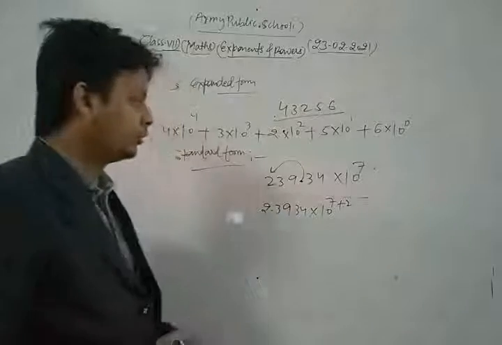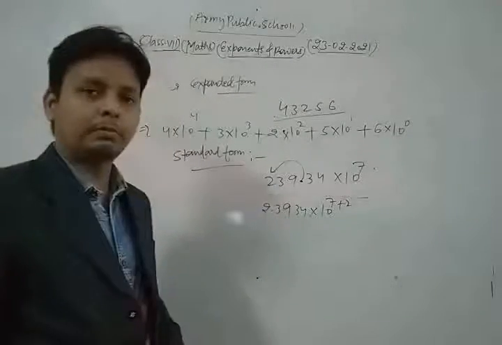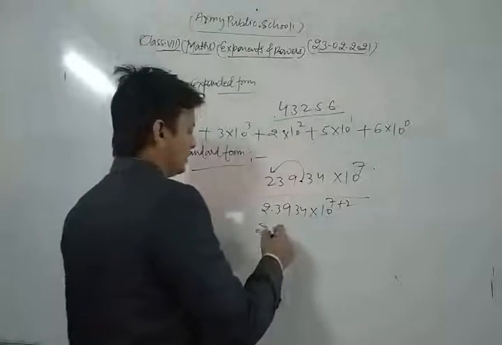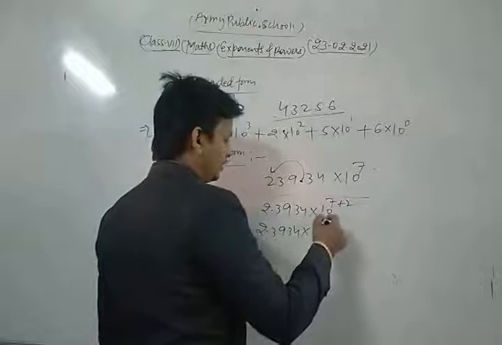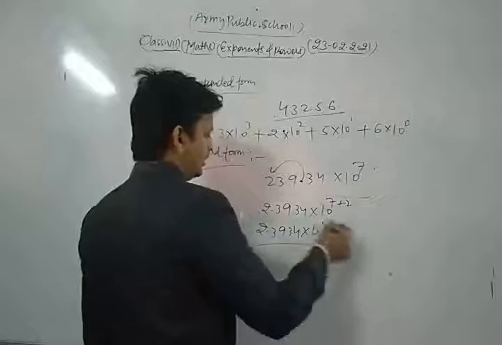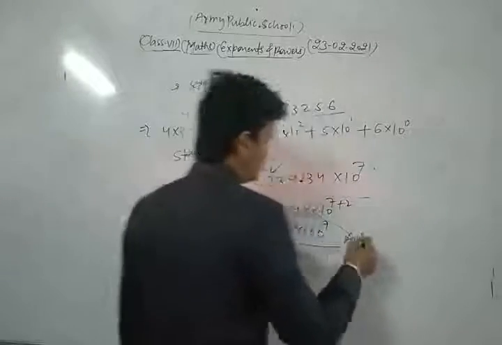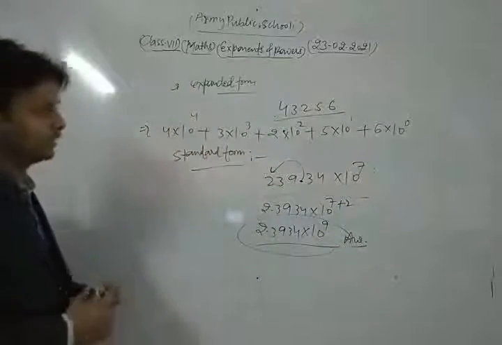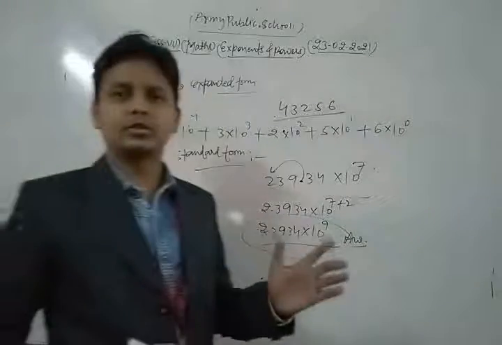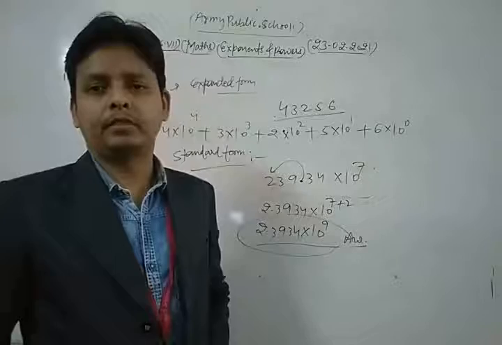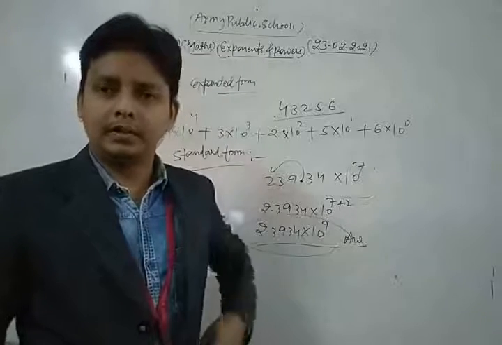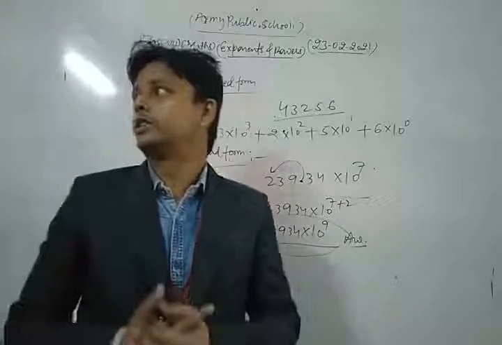If we go through the left side, then we add to the power of 10. So 2.39364 into 10 to power 9. This is the required solution, the standard form of the given number. So using that concept, you can solve each and every question of your NCERT exercise based on the expanded form and standard form of a given number.